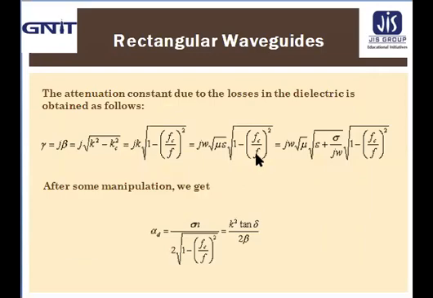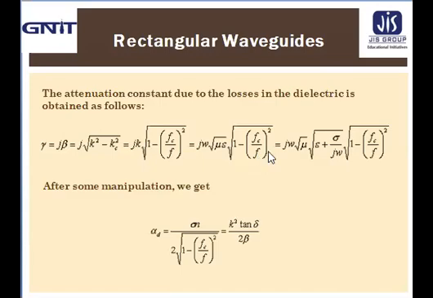And the attenuation constant due to the losses in the dielectric is obtained as follows, that gamma equal to j beta, that is equal to j root over k square minus kc square, equal to jk root over 1 minus fc by f whole square.